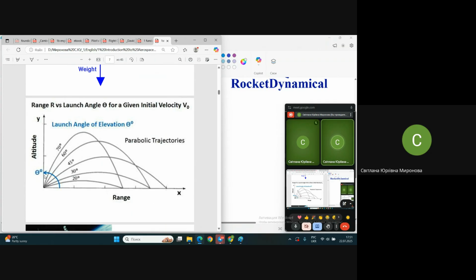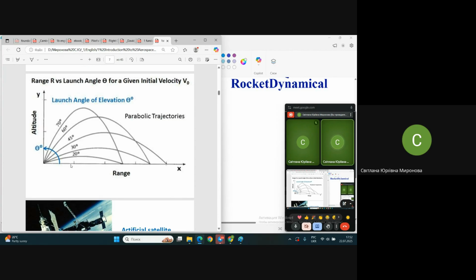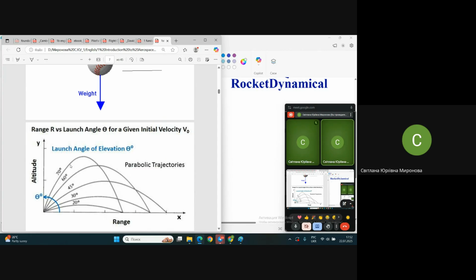Above all, the range and altitude of such a flight depend on the force, and on the object's weight, but also on the angle of deviation of the initial force to the horizon. You see here the illustration of this idea.